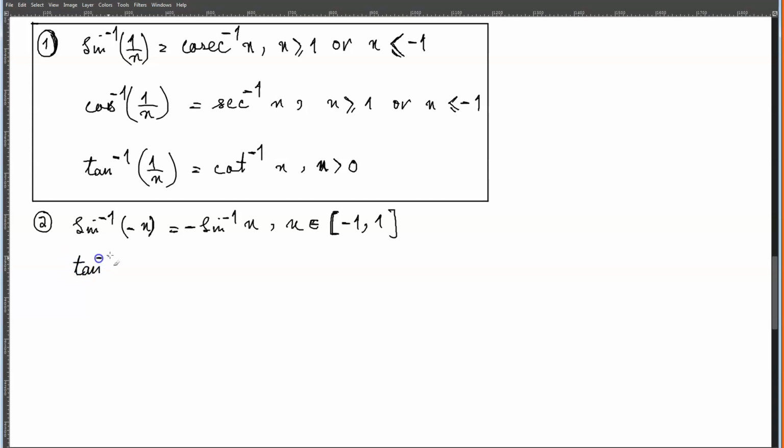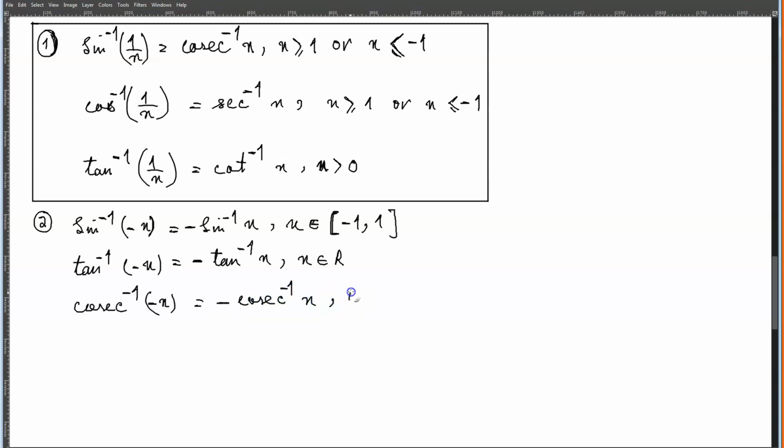And we said that the tan inverse of negative x is equal to negative of tan inverse of x for x belonging to the set of real numbers. And we said that the cosecant inverse of negative x is equal to negative cosecant inverse of x for the absolute value of x greater than or equal to 1. This was the second set of results that we talked about.